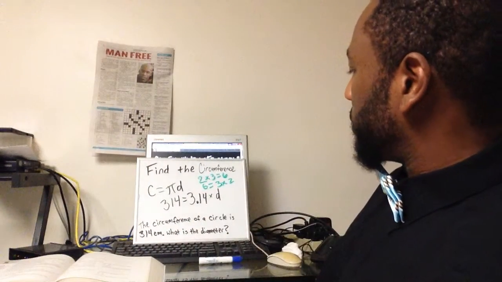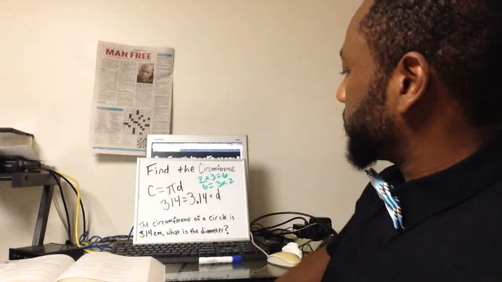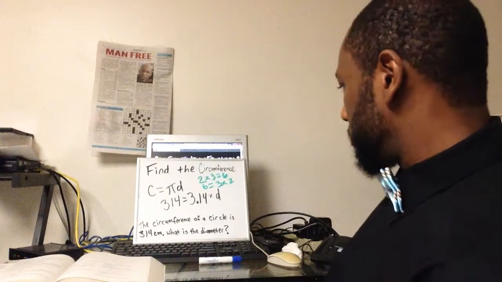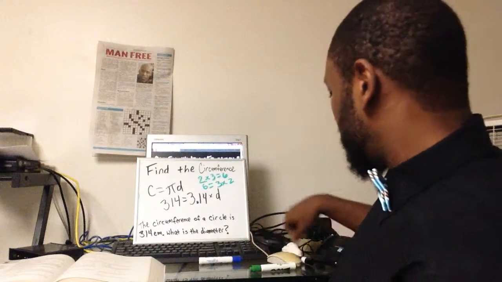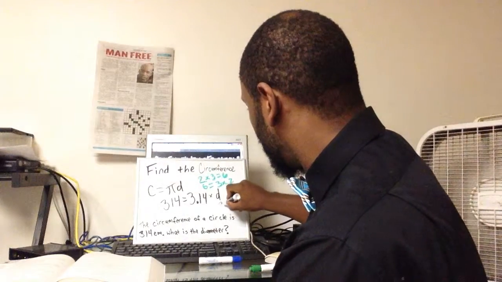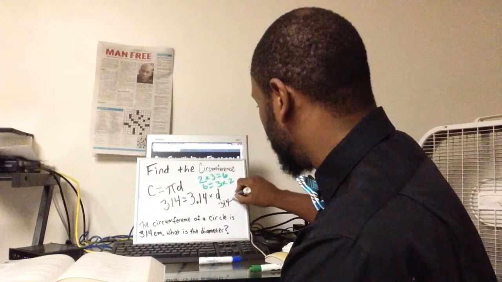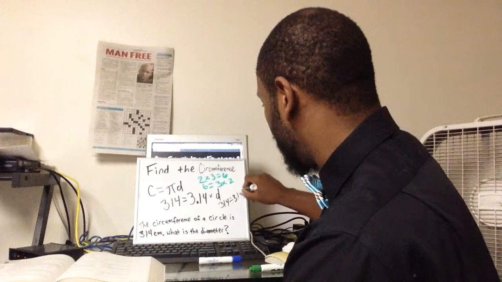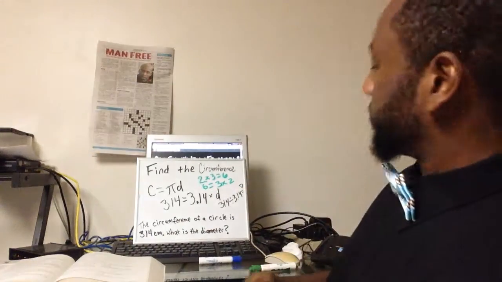What we're going to do is divide these two numbers here, and that should tell us our diameter. So let's see. That's going to be 314 divided by 3.14 equals D.